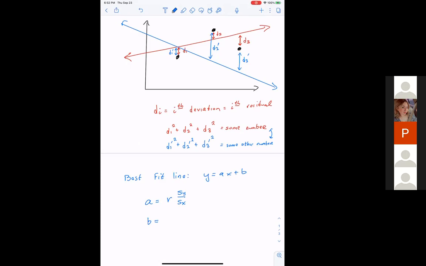Were you guys here last time? What is R? Guys, you're making me question my efficacy as a teacher. Is it the strength of correlation? It's the correlation coefficient, which your calculator can provide for you. What is S sub Y?